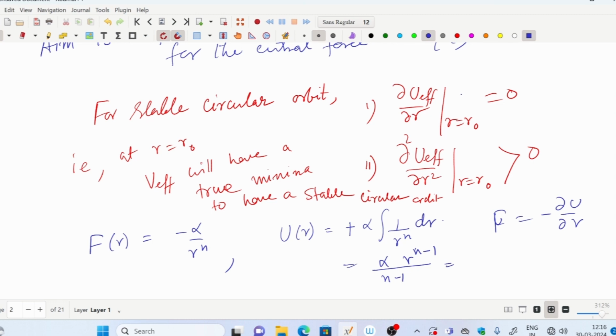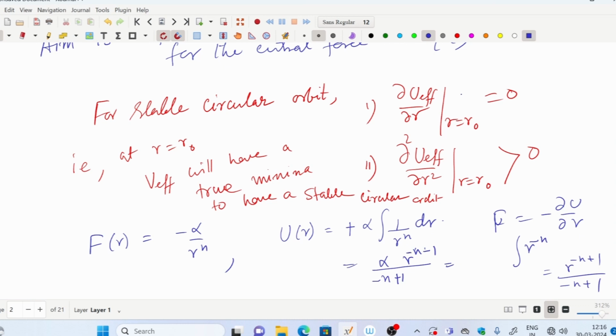Here, because the integral of r to the power minus n is r to the power minus n plus 1 divided by minus n plus 1, it is 1 minus n.